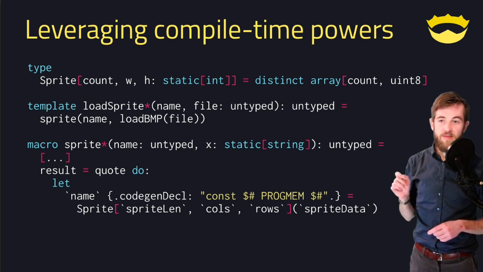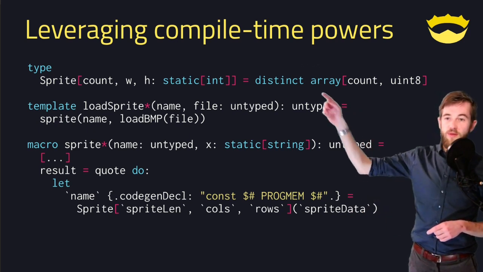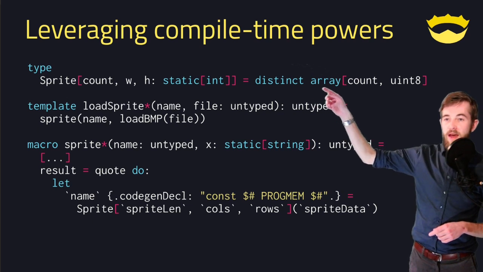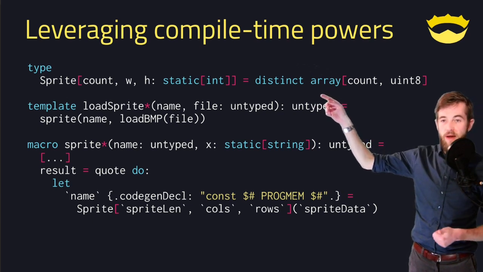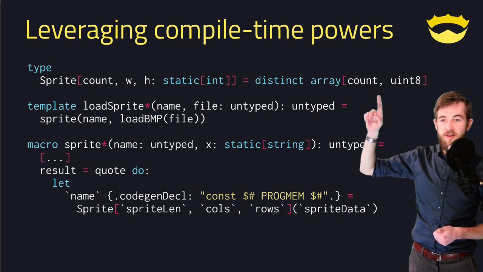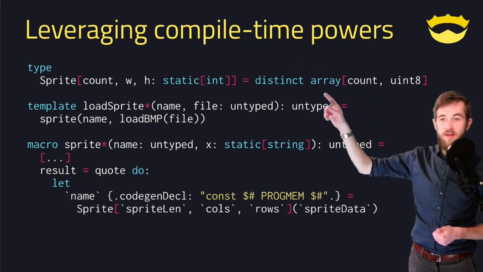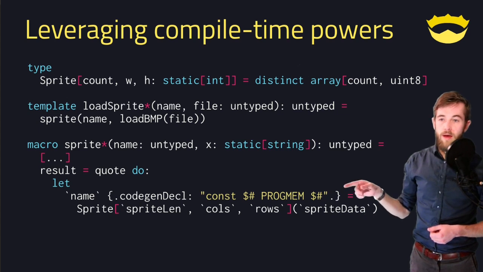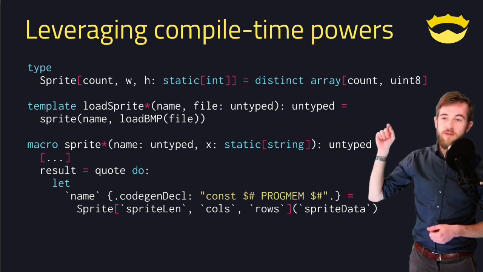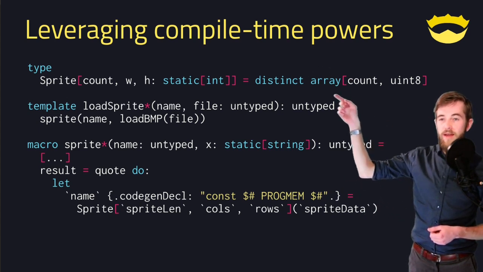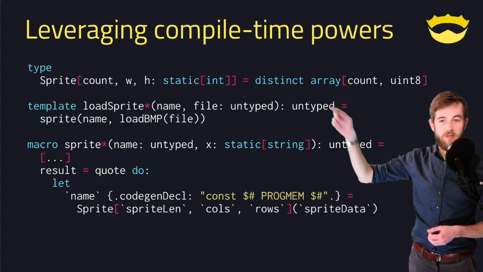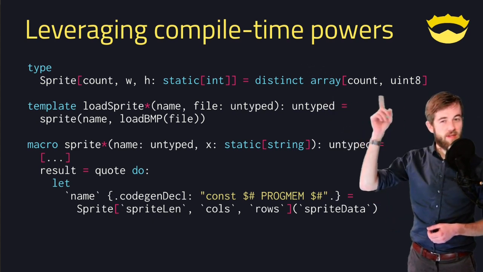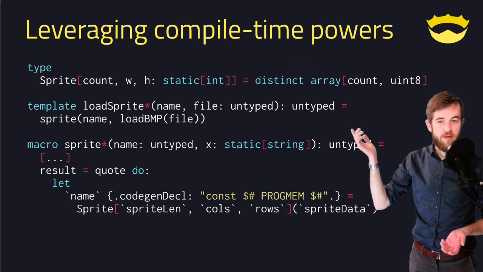But what is even more interesting is if you look at my type definition here, I have a count, that is the amount of bytes, and you can see that represented here in my array type, and also down here. But you also see I have width and height, and those are all static integers, but I don't use them in my type definition. So where do they go?